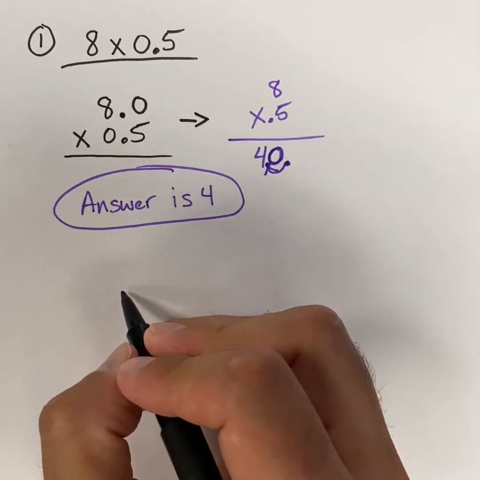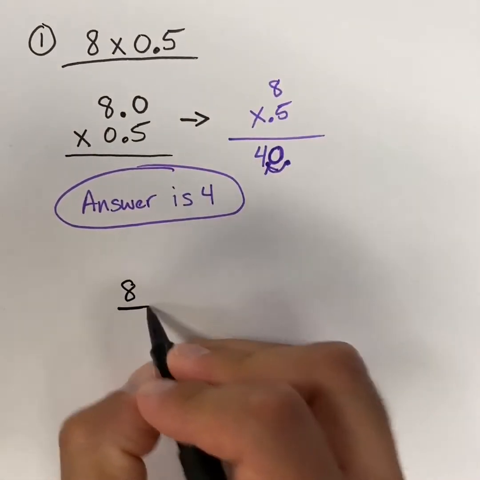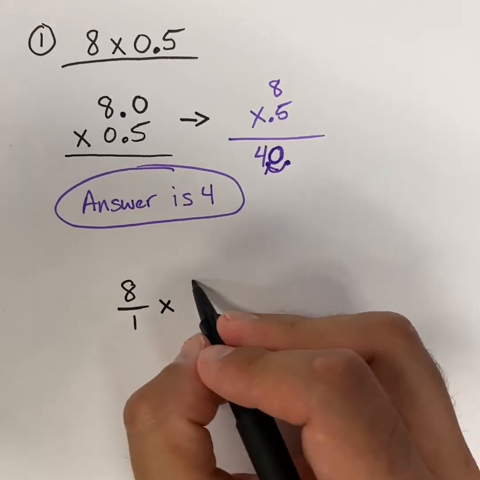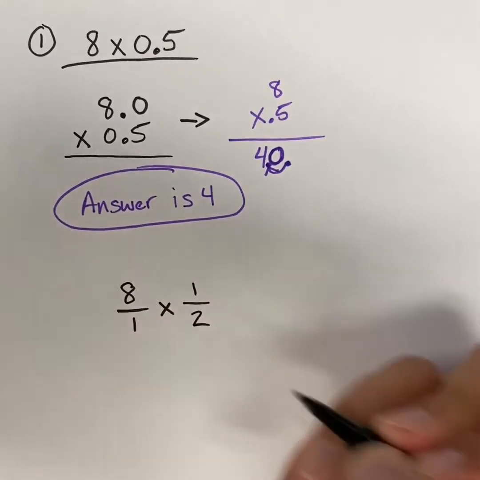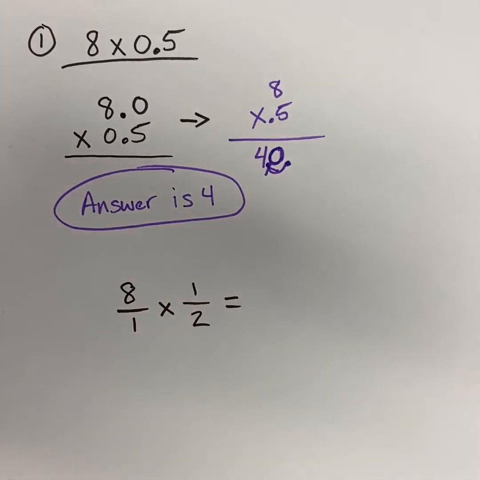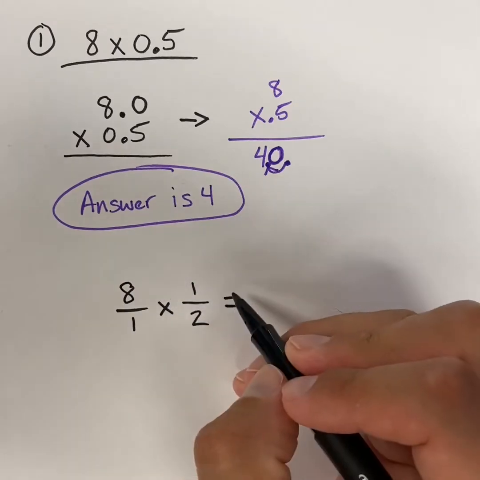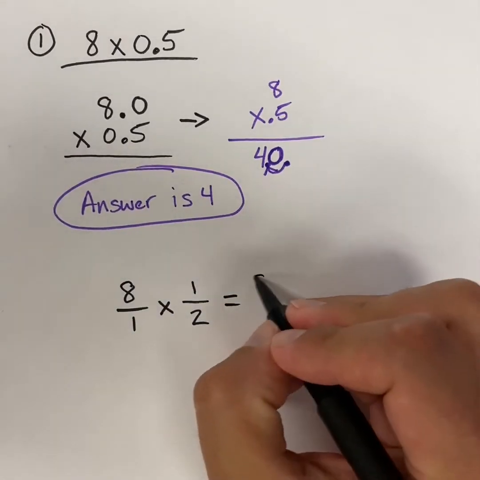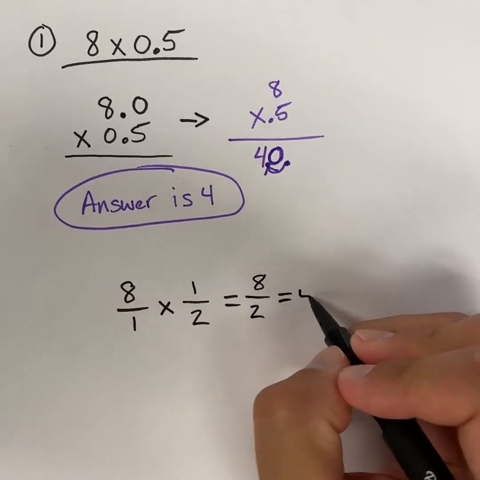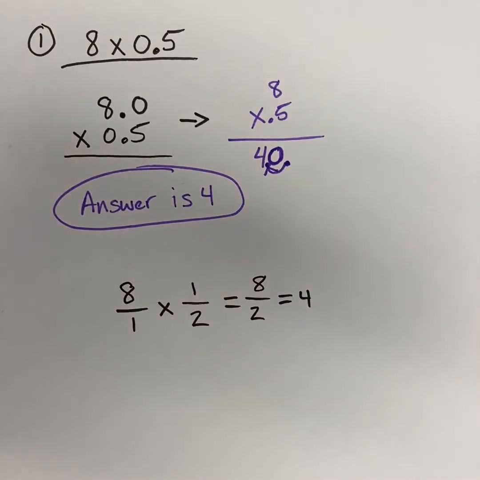So this is actually 8 times 1/2. And we know how to multiply fractions. We've covered that earlier. And so when we multiply straight across the fractions here, we would get 8 over 2, which is equal to 4. This only works if you know the fractions, or the fraction equivalents of some of these decimals.